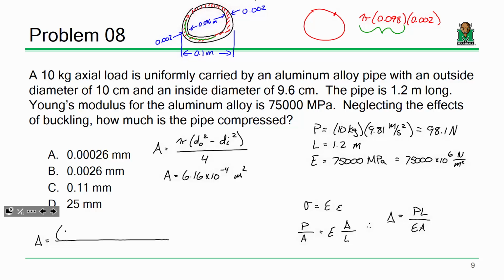All right, so P is 98.1 newtons, 1.2 meters, 75,000 times 10 to the 6 Newton per meter squared, 6.16 times 10 to the negative 4 meters squared.